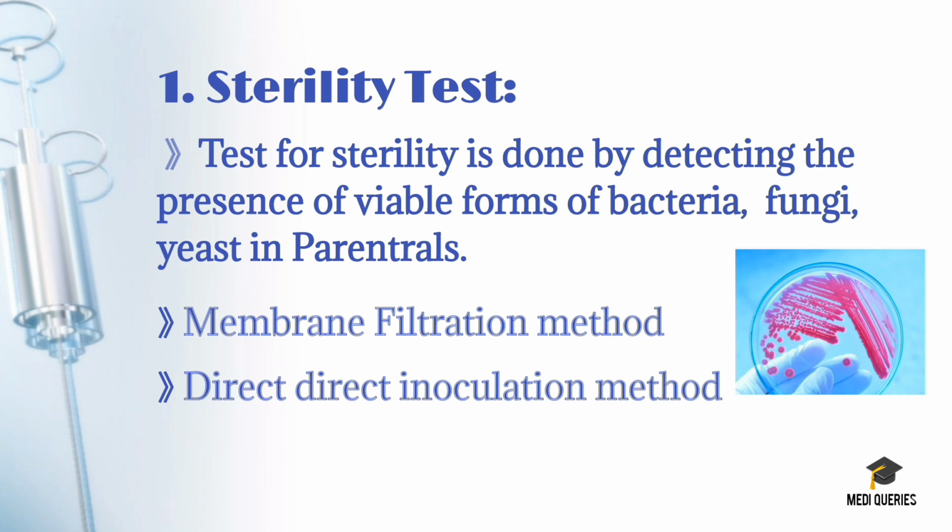The sterility test must be carried out under strict aseptic conditions in order to avoid accidental contamination of the product during the test. Here all the glassware required for the test must be sterile. Culture media required for the growth of aerobic and anaerobic bacteria and fungi are prepared as described in the pharmacopoeia. The test for sterility may be carried out either by the membrane filtration method or by the direct inoculation method.